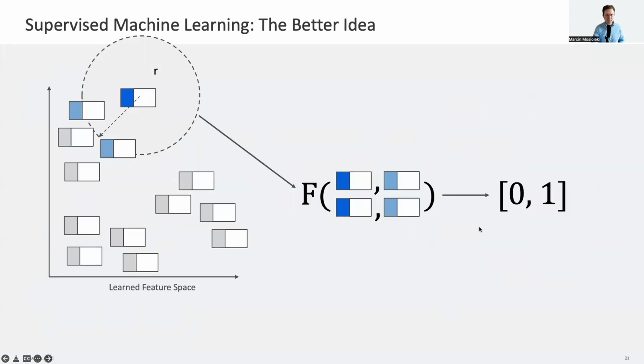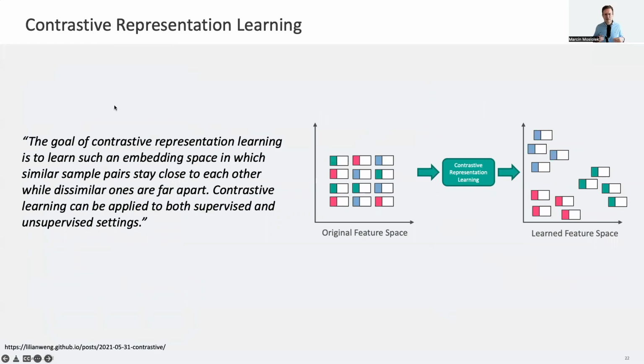In such a scenario, we could look just in some small range around the projected point and measure the distance to the points in its neighborhood to identify the duplicates. And such an approach is totally feasible, and one way of obtaining such an embedding space is to apply contrastive representation learning, which yields precisely the properties we are looking for.